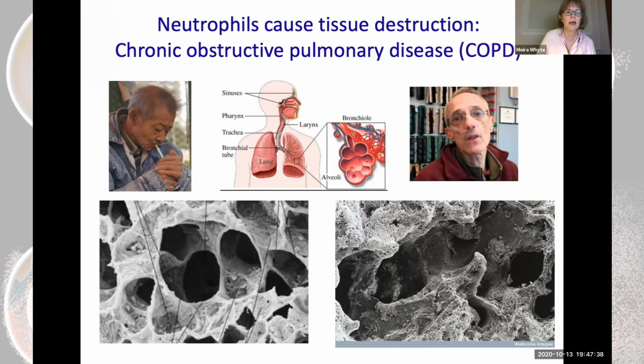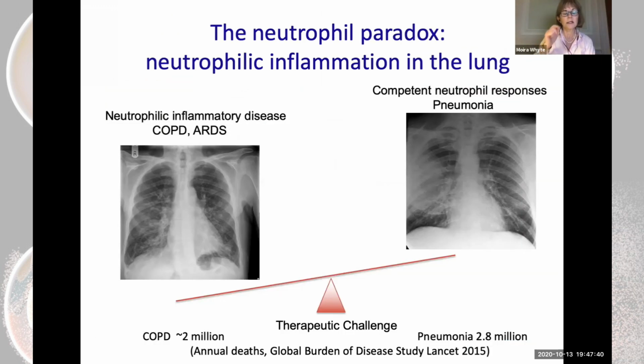So we have this obvious paradox in terms of lung disease. We desperately need to have competent neutrophil responses in diseases such as pneumonia, and you can see a nice example of a patient with a lobar pneumonia here.